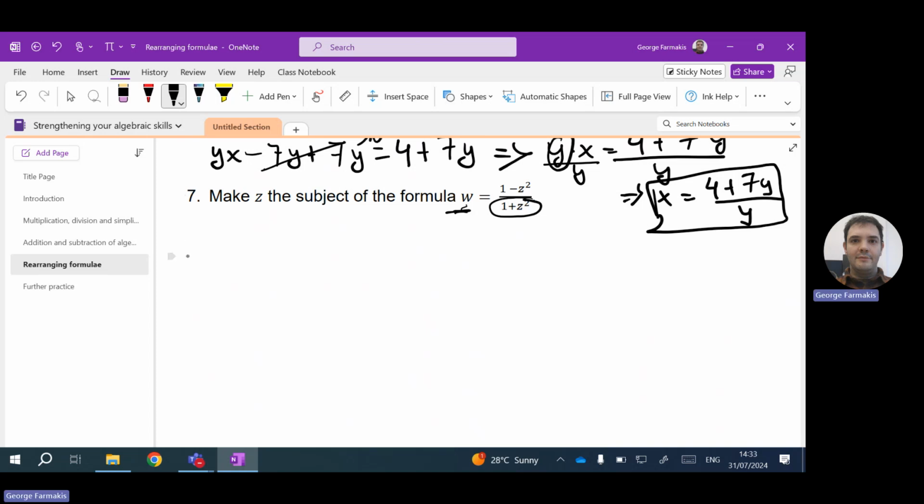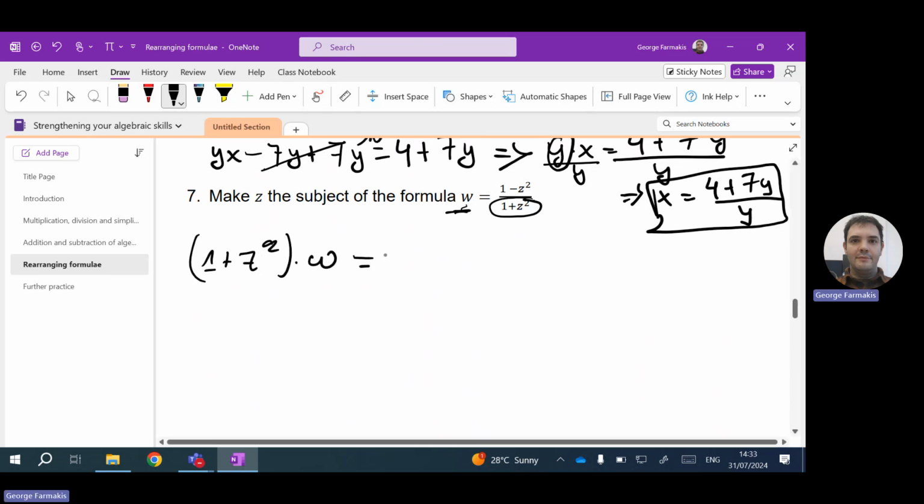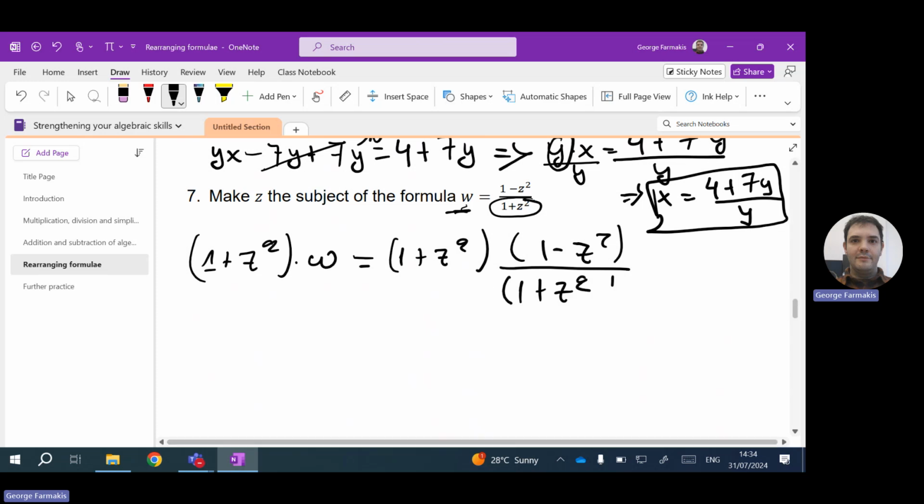So if I multiply both sides by 1 plus z squared, 1 plus z squared times w, what is w? w is 1 minus z squared over 1 plus z squared. So 1 plus z squared, 1 plus z squared, we can simplify.